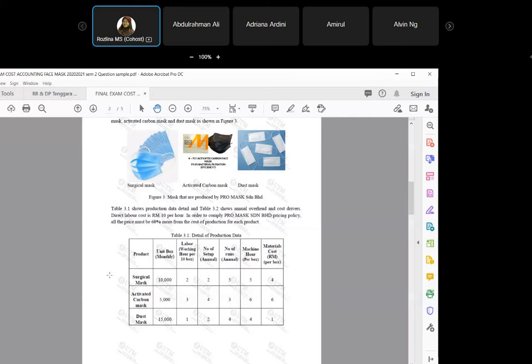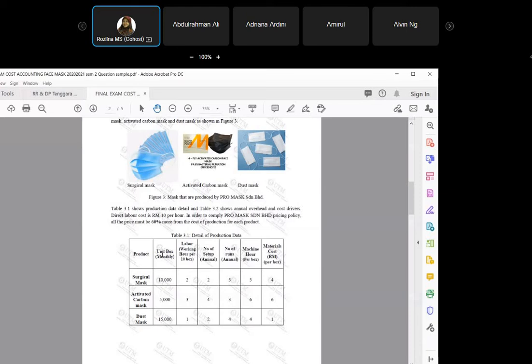Normally memang annual lah to calculate dia punya costing. If let's say dia kata monthly, so make it all the monthly lah. But here you can see ada yang annual, ada yang monthly. So that means monthly need to convert to annual.